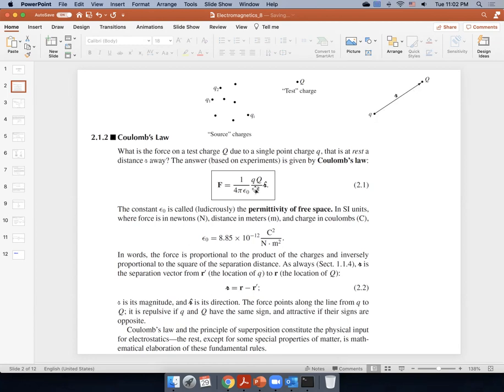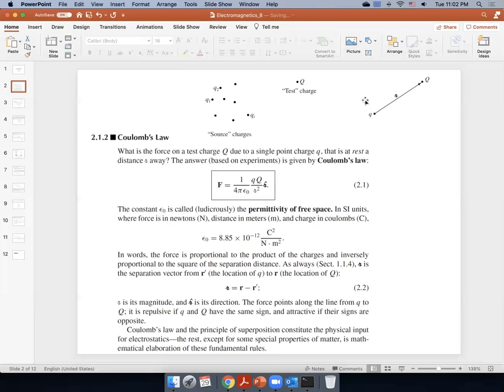Here there's a constant, which is epsilon 0, the permittivity of free space. In SI units, the force is in newtons, distance is in meters, and charge is in coulombs, and epsilon 0 has this value. It's a very small value. And this R can be described by vector R subtracted by vector R prime.